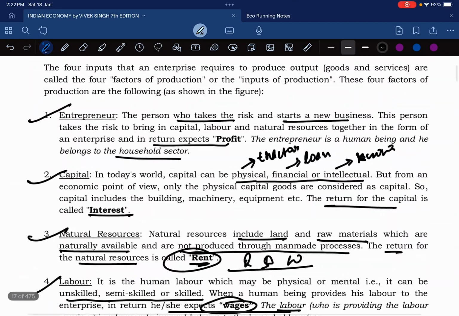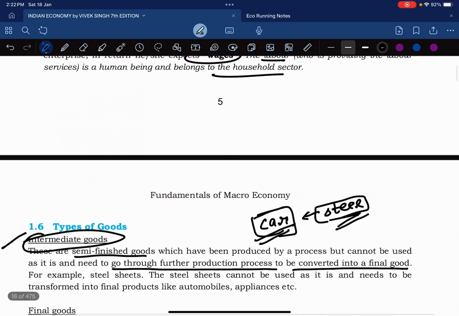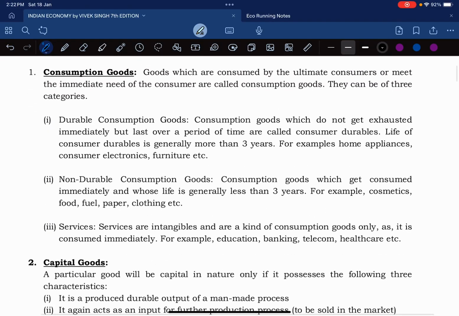Final goods are categorized into two, consumption and capital. First we'll go through consumption goods. Consumption goods are consumed by ultimate consumers. They meet the immediate need of the consumer, so they are called consumption goods. They are subdivided into three parts: durable, non-durable, and services.